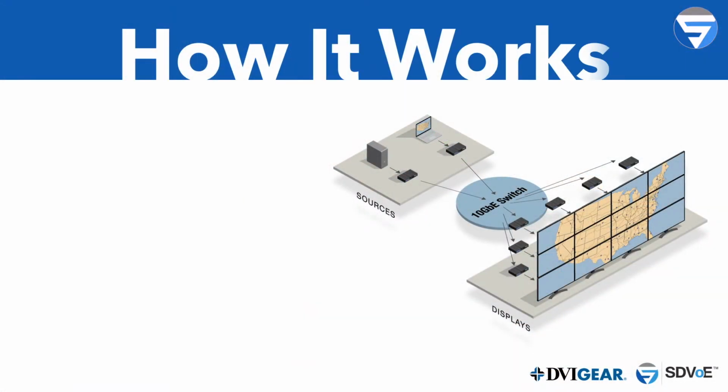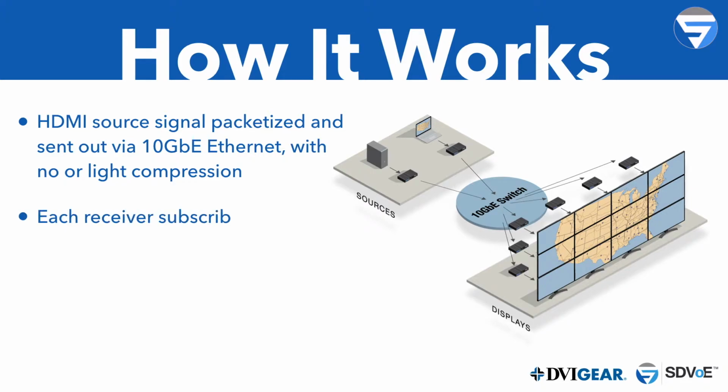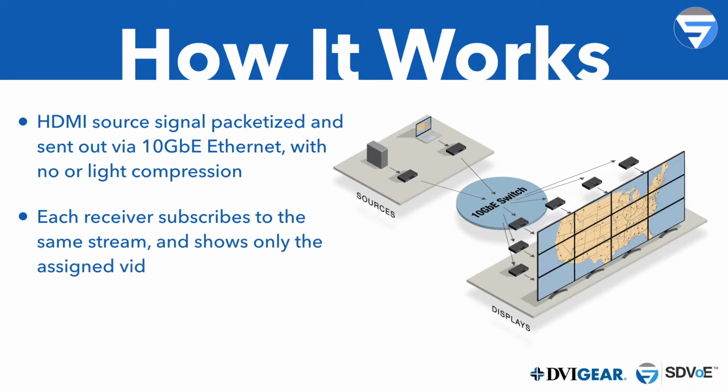So to reiterate the way SDVoE works, we're packetizing the HDMI source signal and sending it out over the network, 10 gigabit Ethernet, with no compression up to 4K 30 and light artifact-free compression up to 4K 60. Each receiver is subscribing to the same stream and shows only the assigned video segment, scaling out to the output of the display.